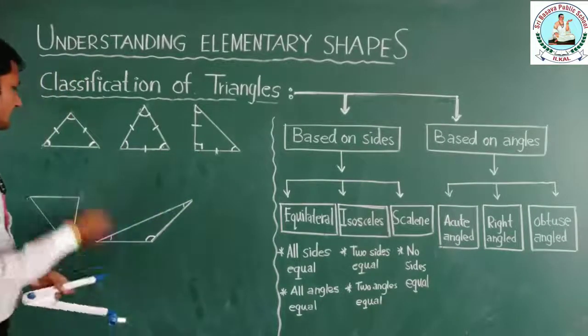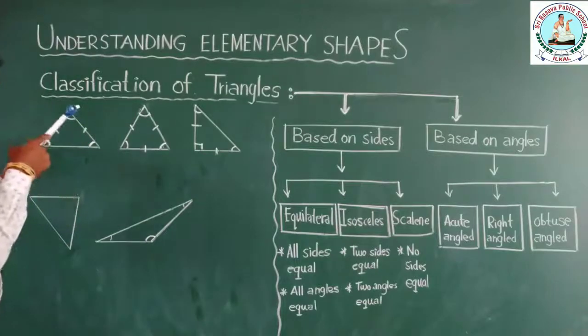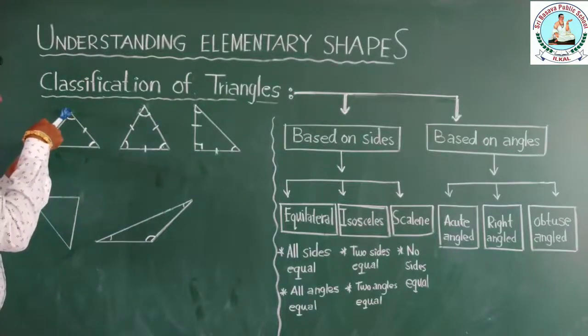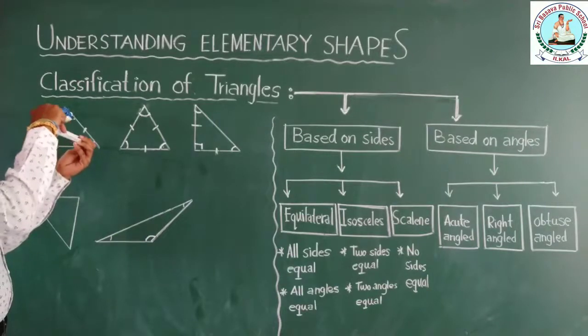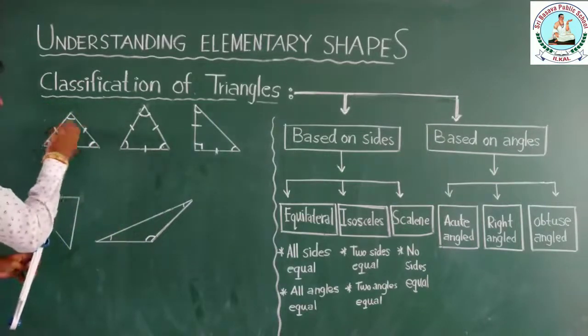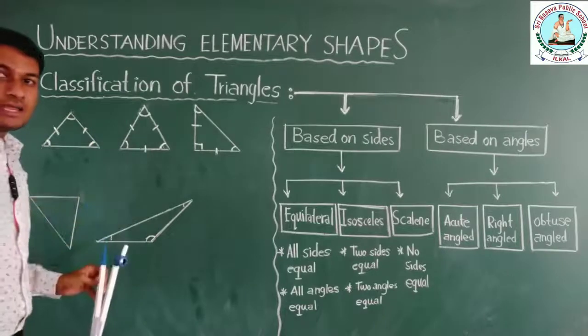When you look at the first triangle, you will see that this side of the triangle is equal to this side, which means this side and this side are equal.